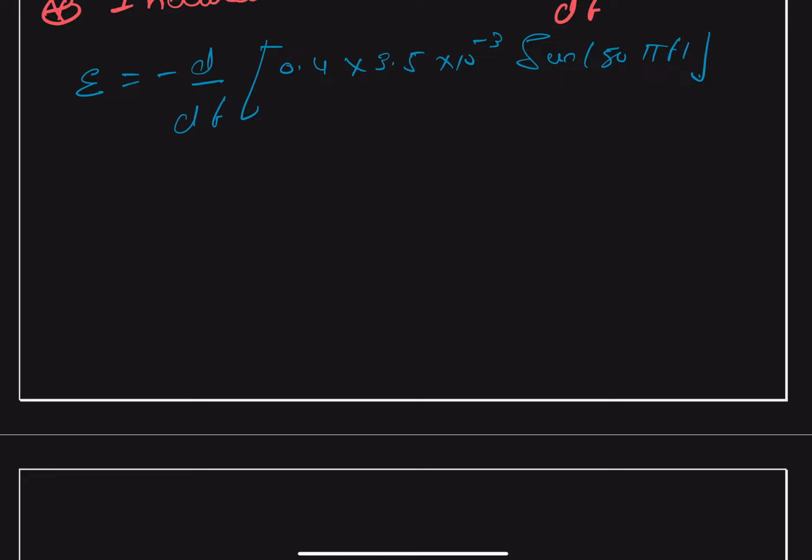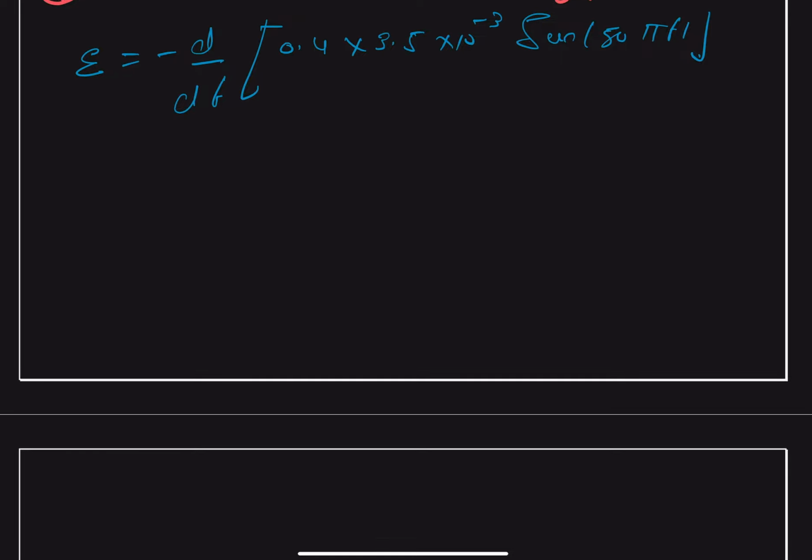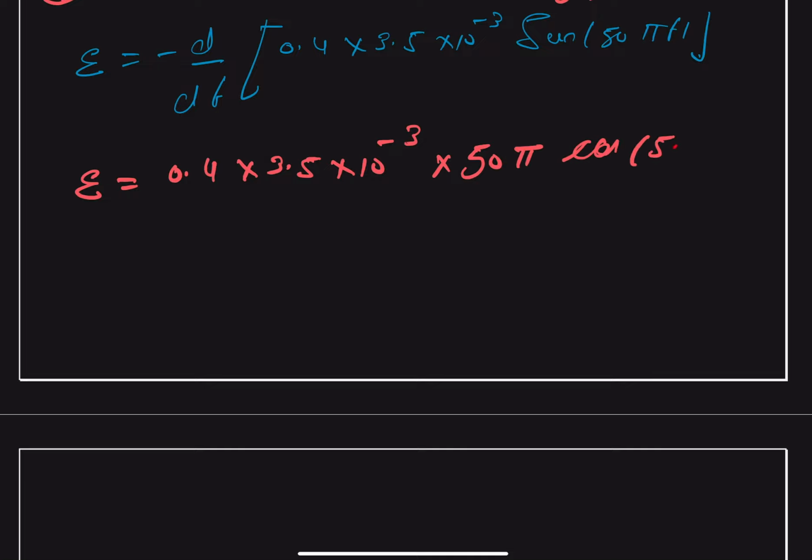This is a simple derivative, so we get EMF E will be equal to, the rest of things will be same, 0.4 into 3.5 into 10 to the power minus 3, and then we get 50 pi and cos of 50 pi times t.